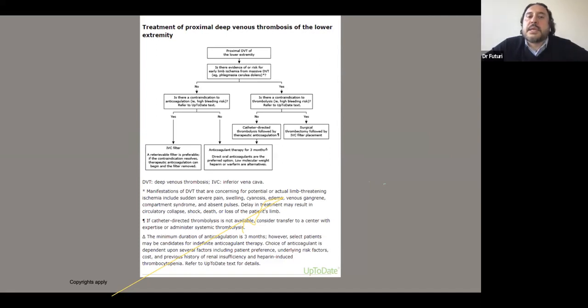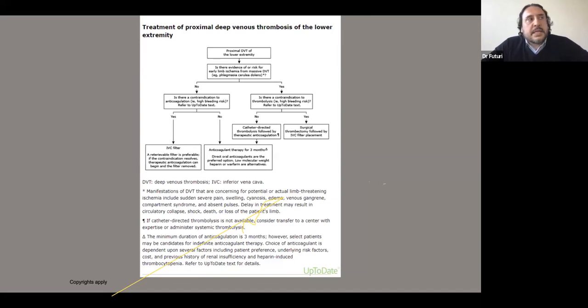What is the role of thrombectomy in treatment of pulmonary embolism or DVT? Thrombectomy primarily we reserve for patients who are presenting with very significant DVTs of the lower extremity, especially if they're presenting with things such as limb ischemia, large pulmonary embolisms that are presenting with hemodynamic instability.